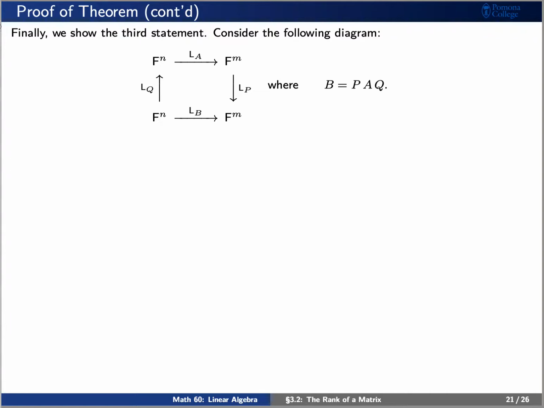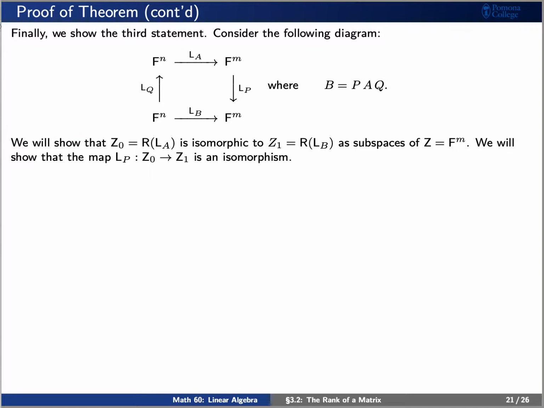This composition of these three arrows does correspond to multiplication by Q, then multiplication by A, then multiplication by P. Remember that composition always goes from right to left.